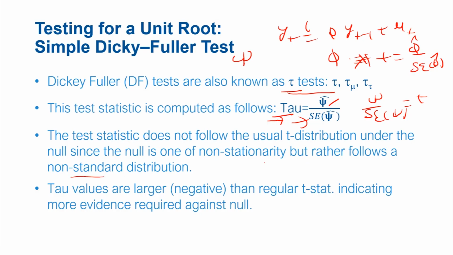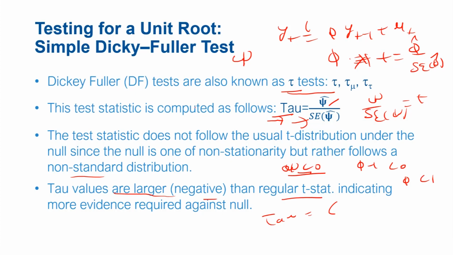And like I said, because we are rejecting the null when psi is less than 0, which means phi minus 1 is less than 0, or phi less than 1, the tau values corresponding to this alternate hypothesis are larger negative. In terms of magnitude, they are larger than the regular t-stat. That means they are larger negative, because we are looking at negative values to reject the null. And essentially, in economics and finance, these larger tau values indicate that we are requesting more evidence while rejecting the null of non-stationarity.